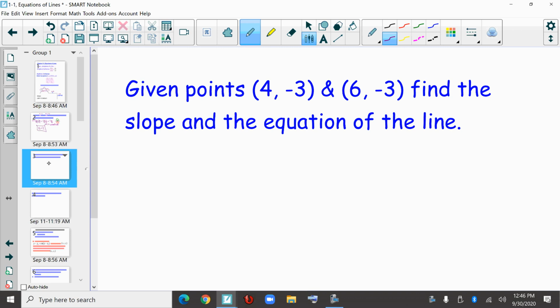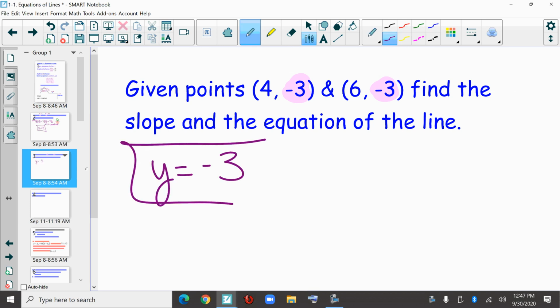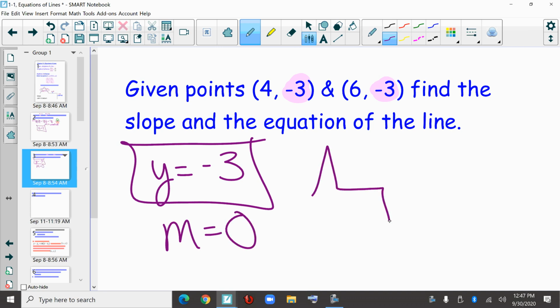So here's the next example, (4, -3) and (6, -3). Your brain should be looking for those shortcuts, and it should say, oh, -3 and -3 is the same value for y, so y must be -3. That is a true statement, which means your slope is going to be 0, because that is on level ground.